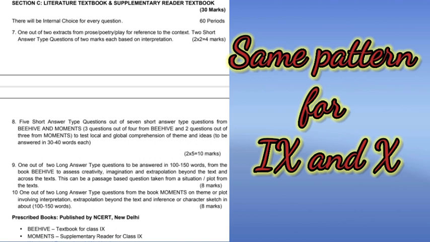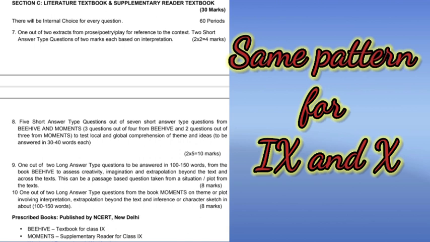In class 9, we have 2 books, Beehive and Moments. In class 10th, we have First Flight and Footprints without Feet. So out of these books, students would be given 5 short questions, 2 marks each. It means 10 marks of short questions would be there. 6 questions are given, students are asked to do 5 questions.